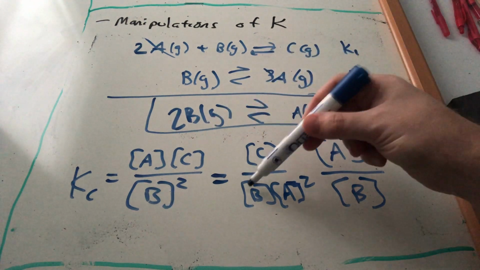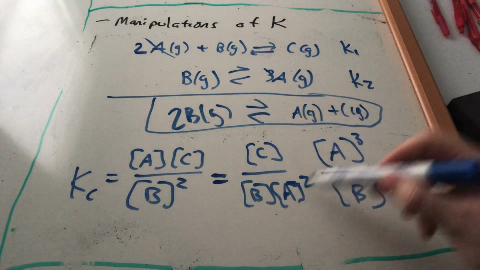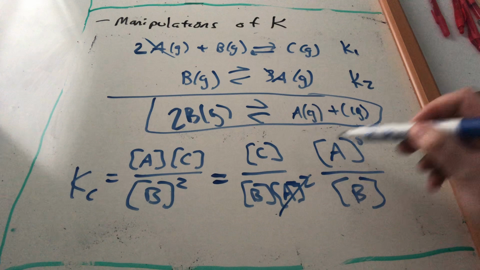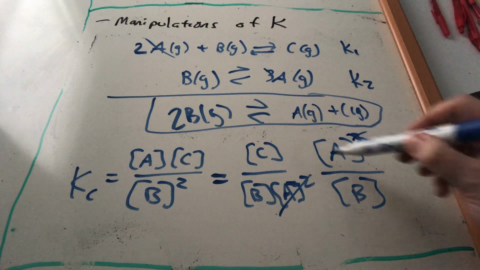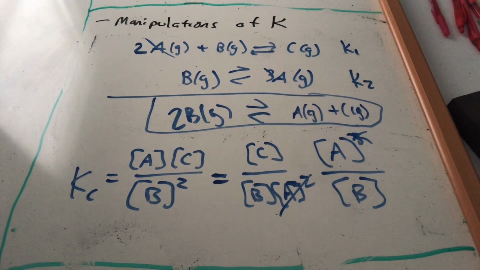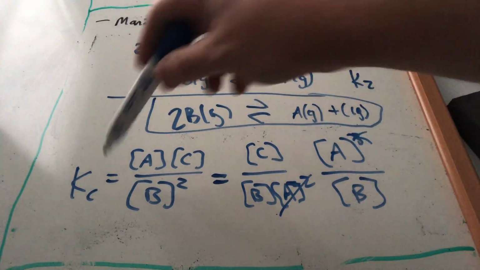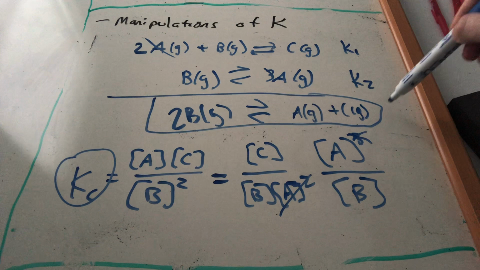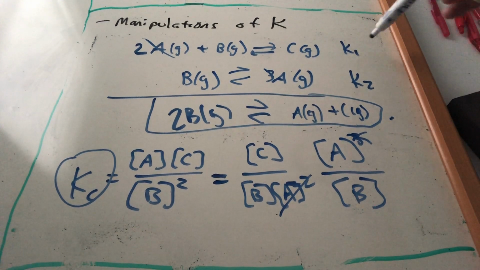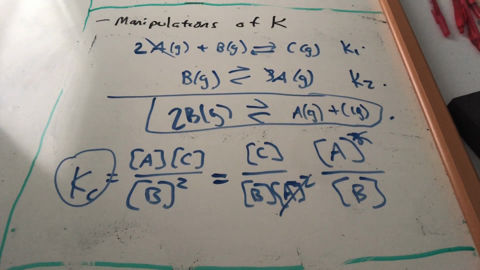Yep, matches up there. There's two B's here. Yep, that's a B squared. How would I simplify this mathematically? These two would go away, and you'd be left with a 1 there. All right, so this proves the point. When we add reactions together to get an overall reaction, the new K that you get for your overall reaction is a product of the individual K's.